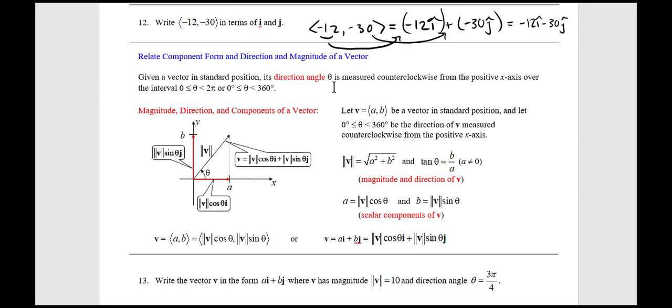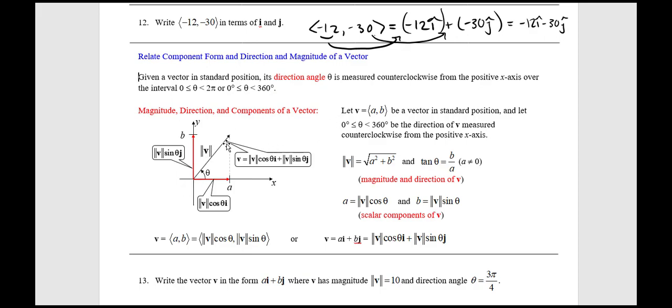Its direction angle is called, this angle theta is called its direction angle. It's measured the usual way that we measure theta, right? It's the same theta we saw in polar coordinates and trig. We always think of theta this way in mathematics. It's one of the very few very standardized things in terms of notation.